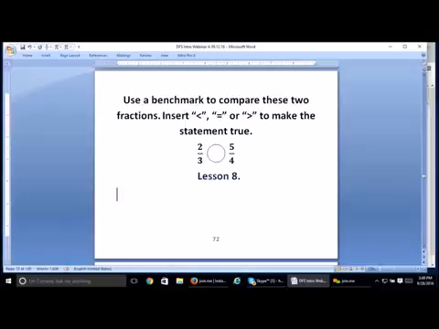Okay, so we're going to say that 2/3 is going to be less than 5/4 because remember, 2/3 is going to be less than 1, right? The numerator is smaller than the denominator, whereas 5/4 is greater than 1. So in Lesson 8, students compare fractions, one of which is smaller than the benchmark of 1, and the other one greater than the benchmark of 1.